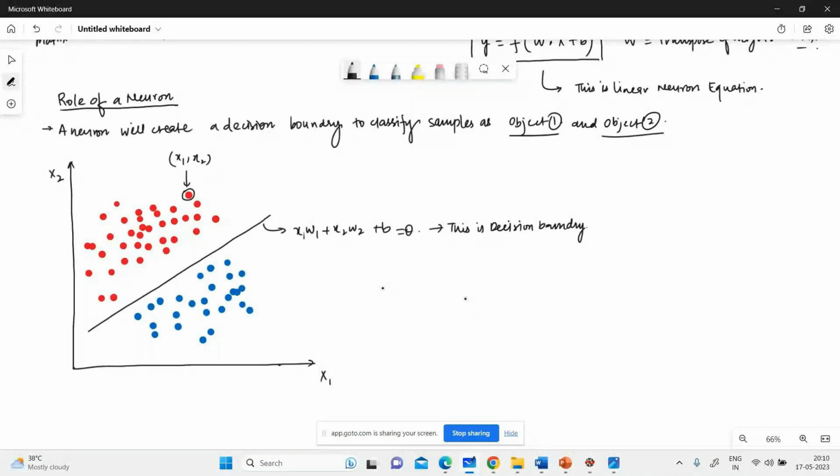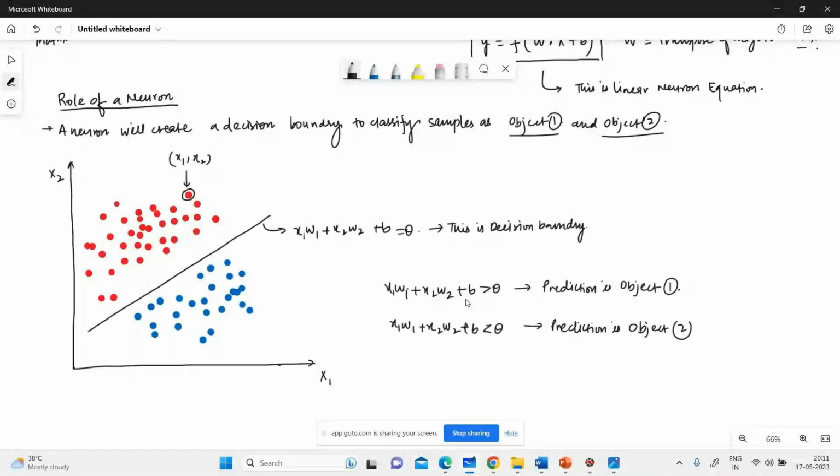If this is greater than theta, we will say that the prediction is for object 1. Similarly, if this is my feature value and this is smaller than theta, we'll say that these features are representing object number 2.